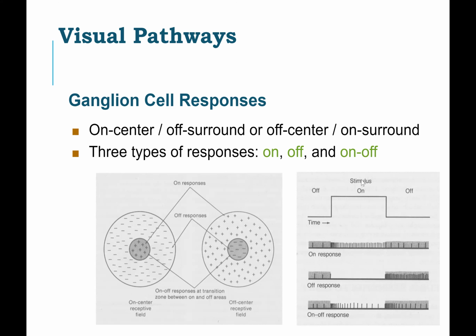So imagine this is the stimulus. The light comes on at this point and then it goes off at this point. So the on response is when you have a stimulus, it's on, right? When they're coming. The off response is that when you have no stimulus, the response is higher.